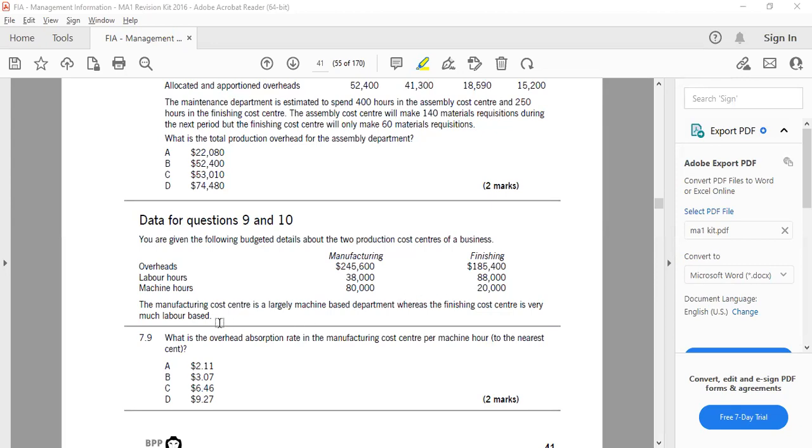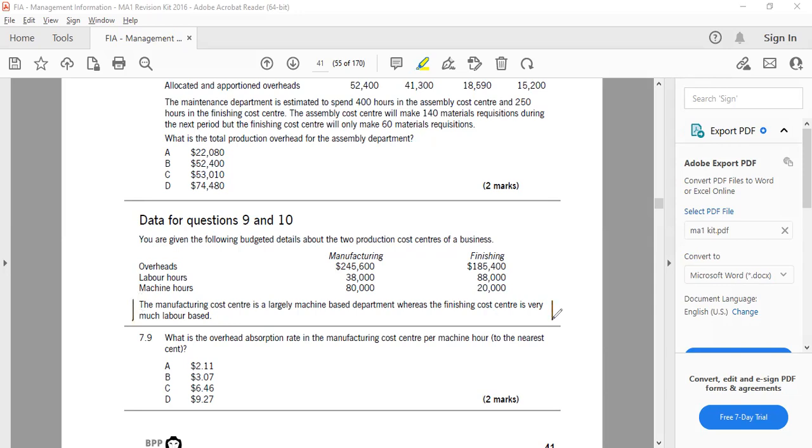It says that the manufacturing cost center is largely machine based, whereas the finishing cost center is very much labor based. As you know, you have to calculate OAR, and this is very important.